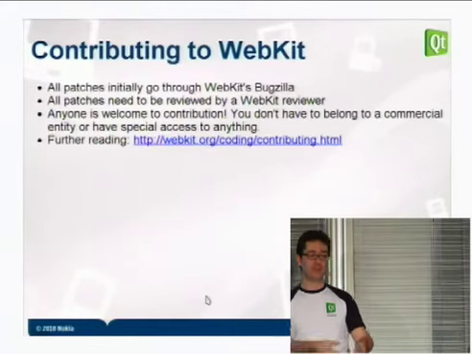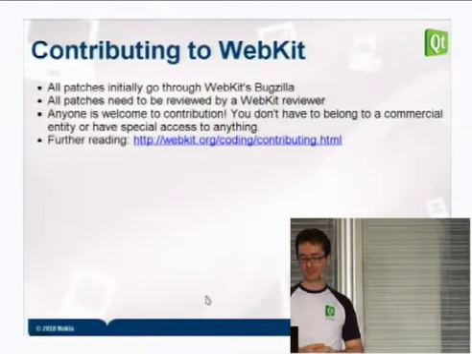And so once the patch has been approved, you will get a so-called R+, review plus, and your patch will be automatically committed. So in order to contribute something to WebKit, you can be anybody. You don't need to work for a specific company. You don't need to have a special commit access for anything. All you need is an account at WebKit Bugzilla, which anybody can do, really.